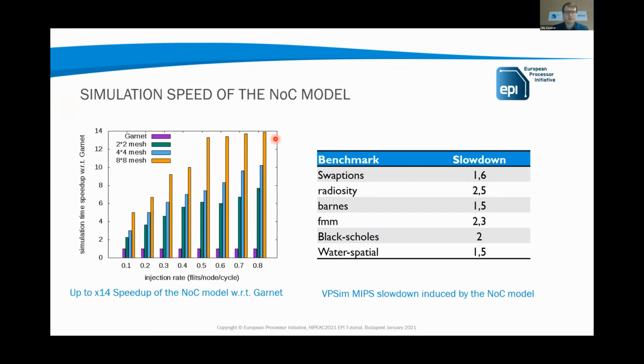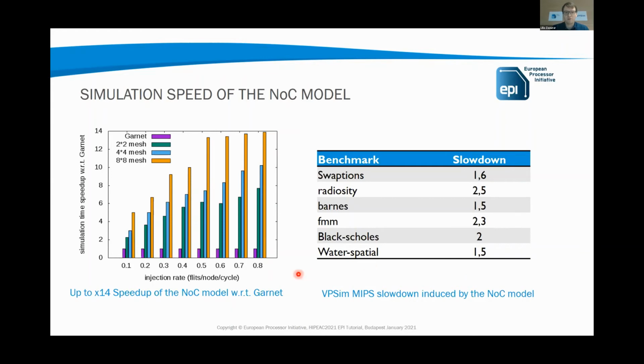And we can also see that the higher the number of packets transiting within the NoC, or the higher the NoC size, the higher the speed up is. So this is really a model that is well suited for large-scale simulation and large-scale systems such as the European Processor.